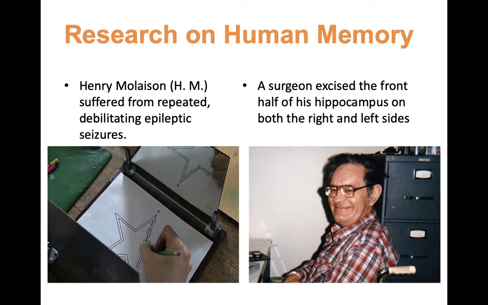So they developed several tasks, and in seeing how he performed on these tasks, they ultimately were able to document that there's a biological separation between declarative memory, okay, so our declarative memory is knowing that something happened, and then there's our non-declarative memory, which is knowing how to do something. So what they determined was that HM maintained his non-declarative memory.